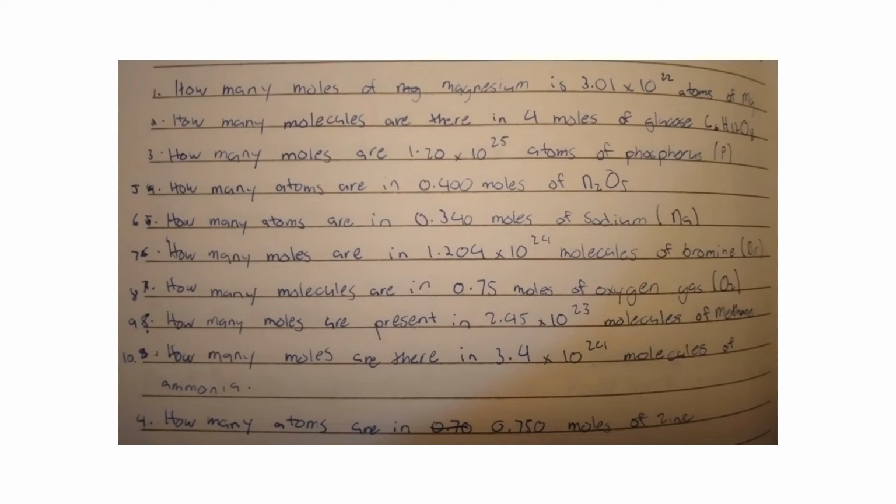Here are your questions. Let us consider the first question, which is how many moles of magnesium is in 3.01 times 10 to the 22 atoms of magnesium.